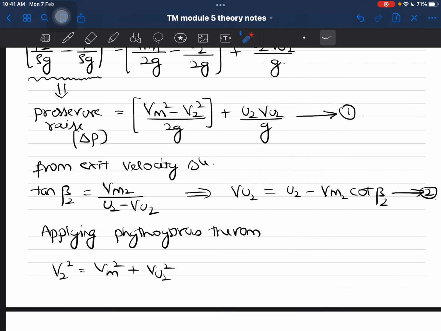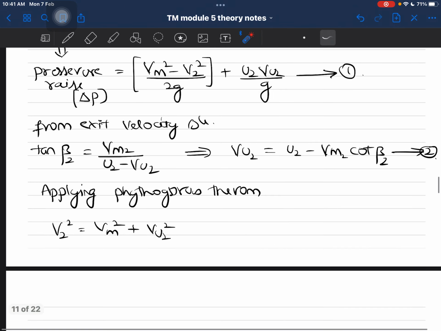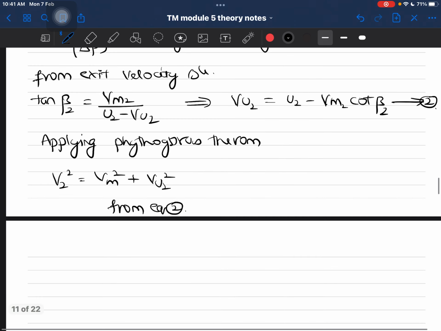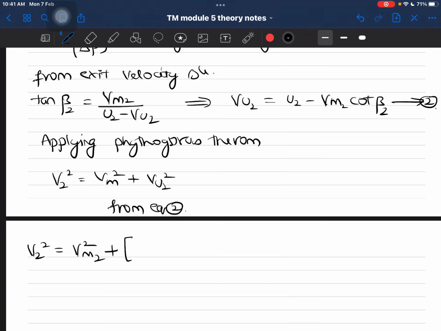What value will you substitute here? Substitute the value of Vu2 from equation 2. So from equation 2, what we have, V2 square is equal to Vm2 square plus, this is the value of Vu2, isn't it? That is u2 minus Vm2 cot beta 2, its whole square.